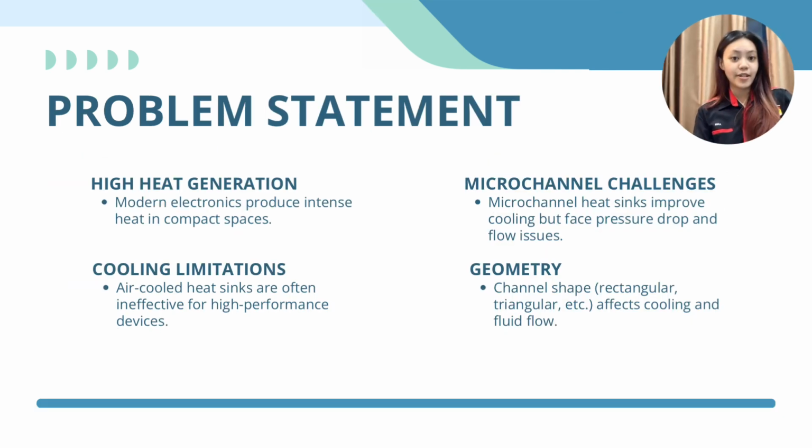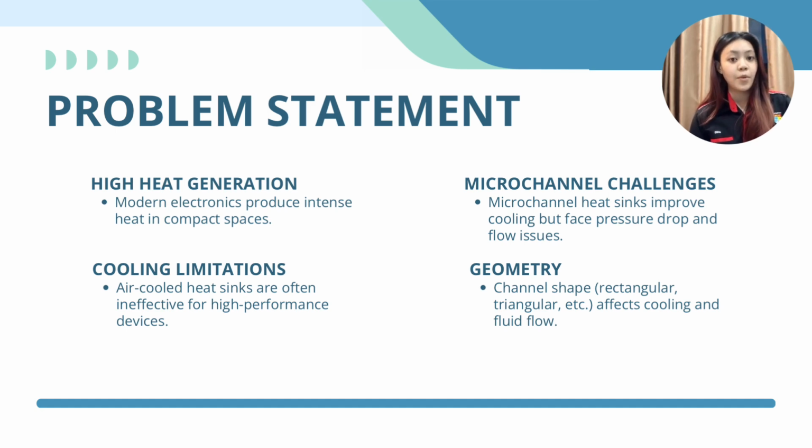Okay, let's take a closer look at the problem. Firstly, high heat generation in modern electronics requires strong cooling solutions. Secondly, traditional air-cooled heatsinks often fail to meet the demands of high-performance systems. This brings us to microchannel heatsinks, which are much more efficient due to their higher surface area and compact size.